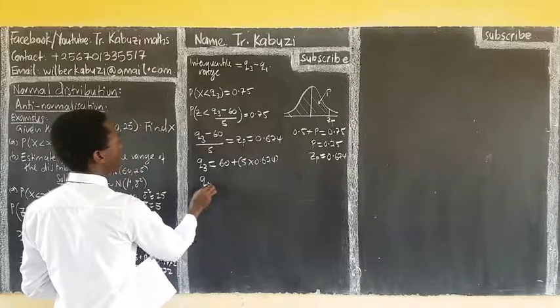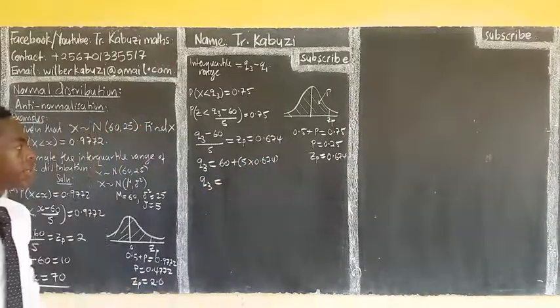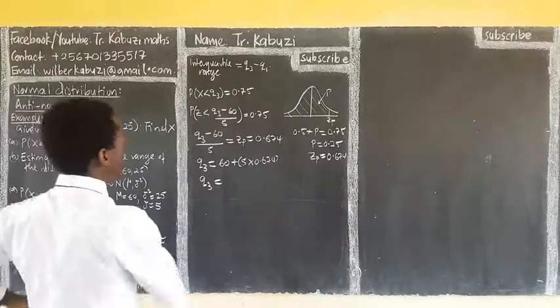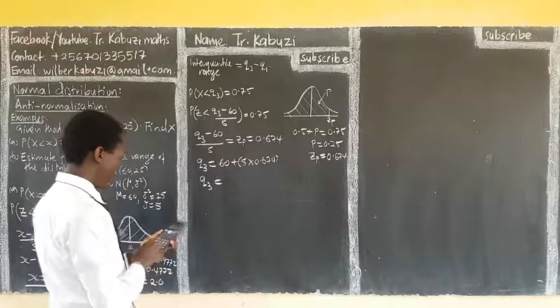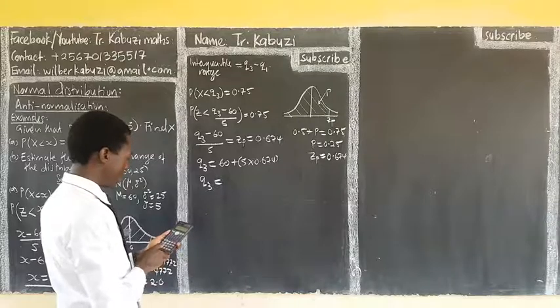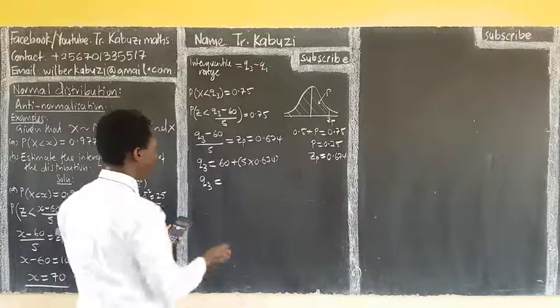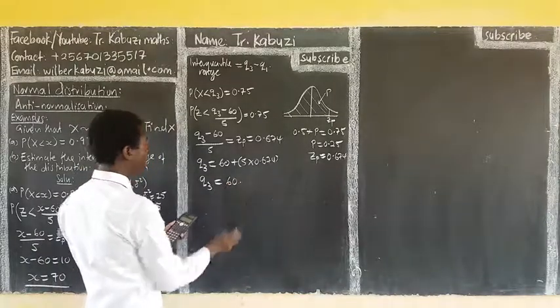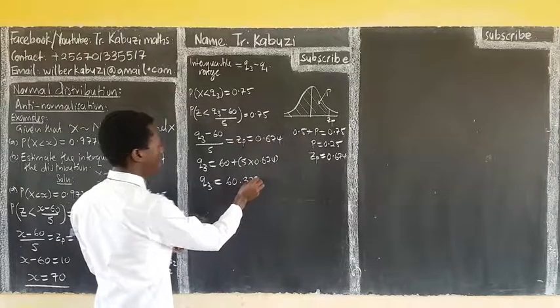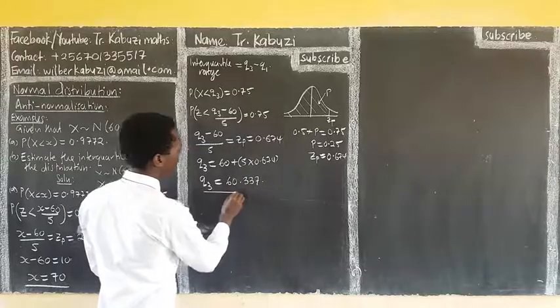And so for our Q3, get your calculator, then you press that. So here I'm getting 60.337. So that's my Q3.